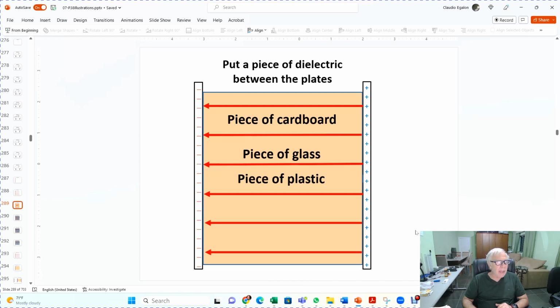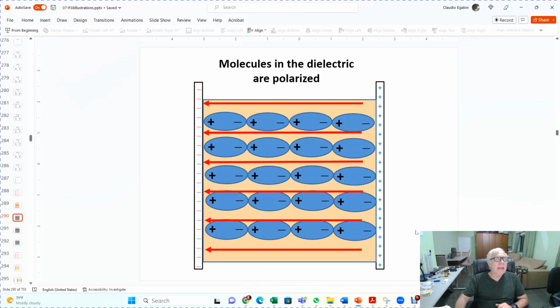But something else happens inside this material, okay? In addition to the electric field that is inside the material, what happens? This electric field polarizes the molecules in the dielectric material. So without the electric field, there is no polarization. And those molecules become like an electric dipole.